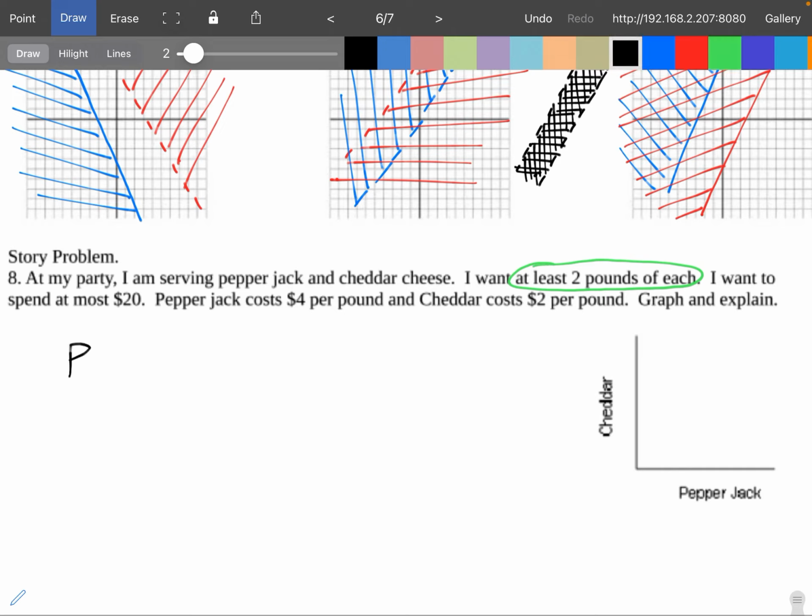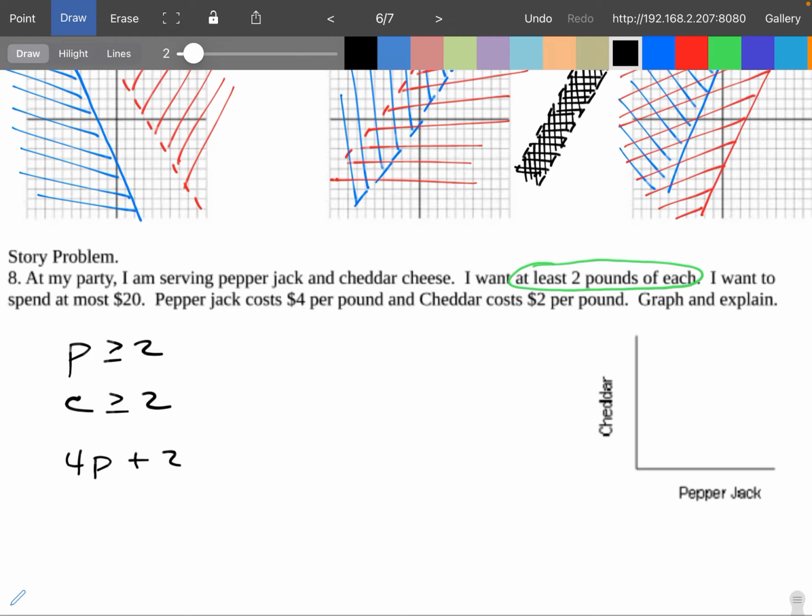Well, actually, there's 3 of them. Because the first time I read this as at least 2 pounds, I thought they meant 2 pounds total, at least 2 pounds total of the cheese. But that's not what it says. It says they want at least 2 pounds of each.